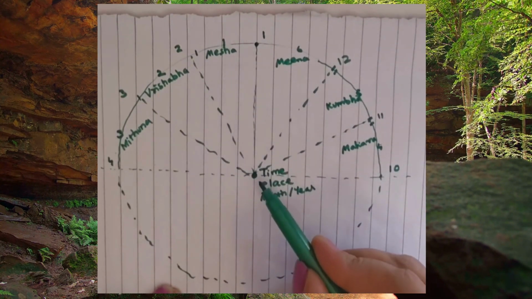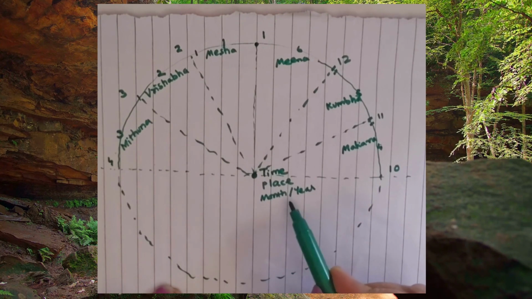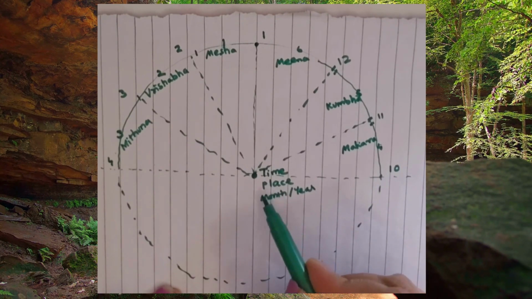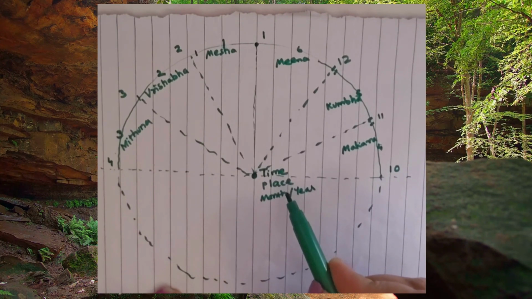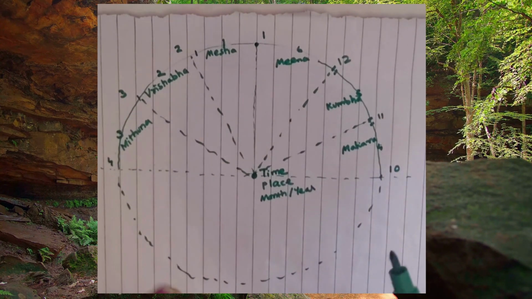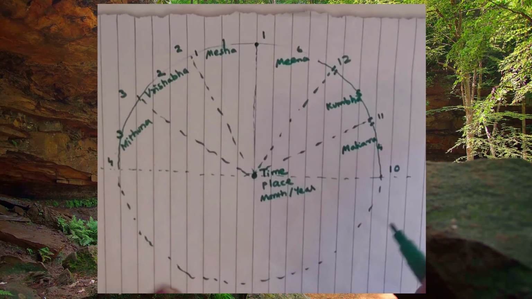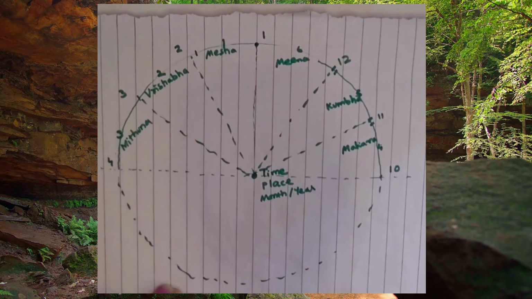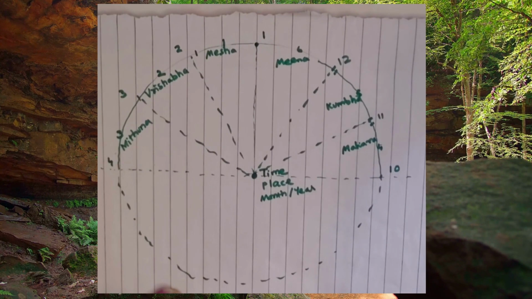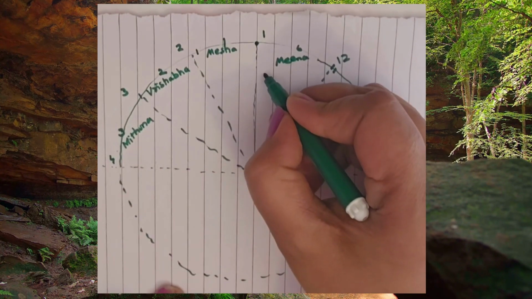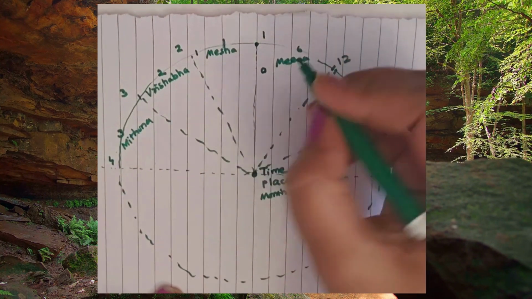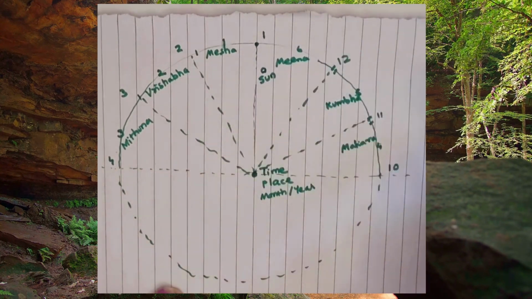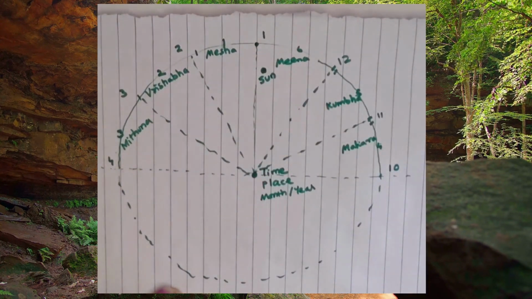Now, based on the month of the year, based on the place on this planet Earth, and the time at which the native is born, somewhere all these planets are going to be present in one of these 12 houses, right? So let us say Sun is present somewhere here. Okay, so let's say this is planet Sun, right? Somewhere here Sun is present.